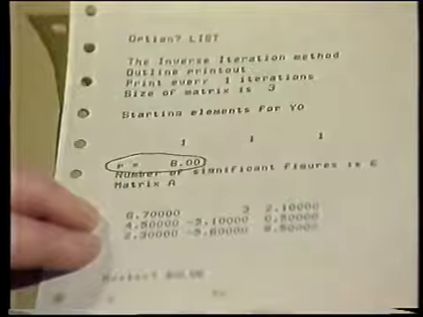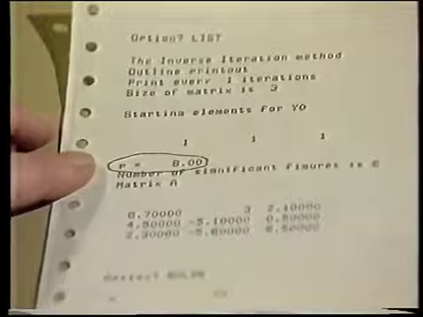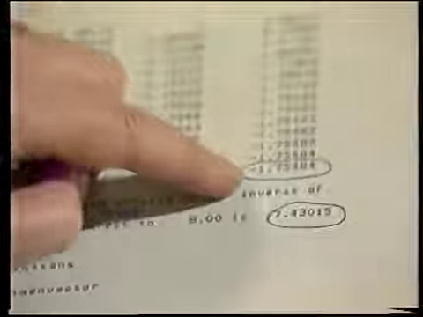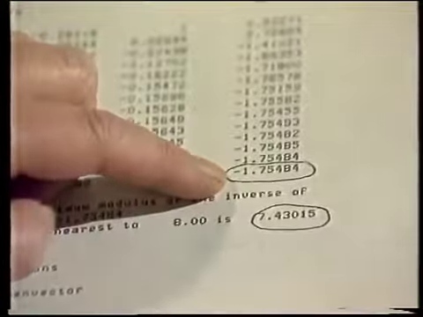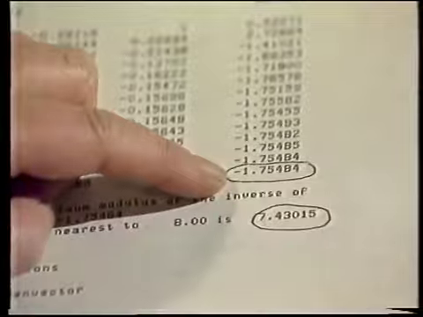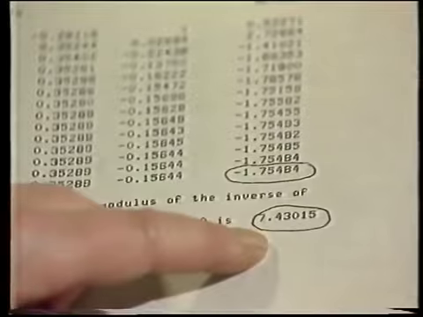So, for this 3 by 3 matrix, I've run the package with p equal to 8, halfway between 6.24 and 9.91. And you can see that it converges. But this figure is the eigenvalue of A minus pI, to the minus 1. So we need to calculate the eigenvalue of A, which comes out, as expected, to 7.43.